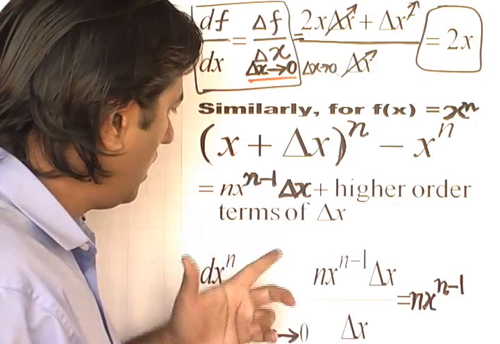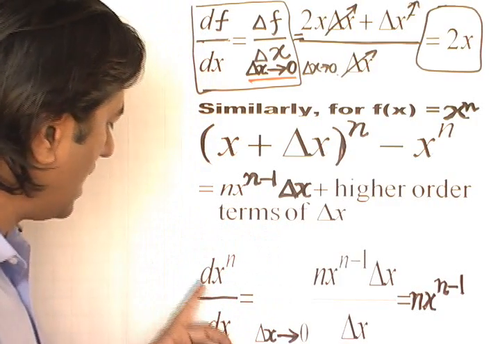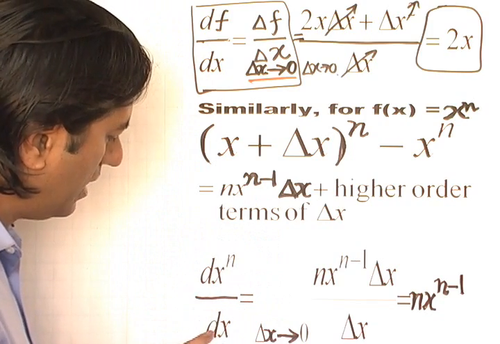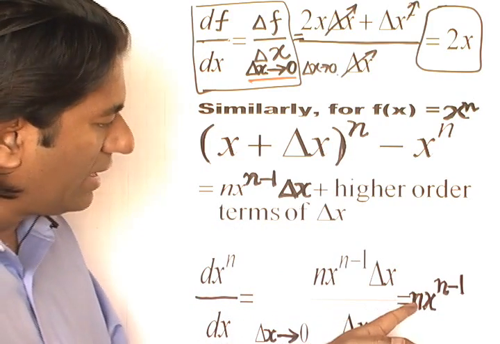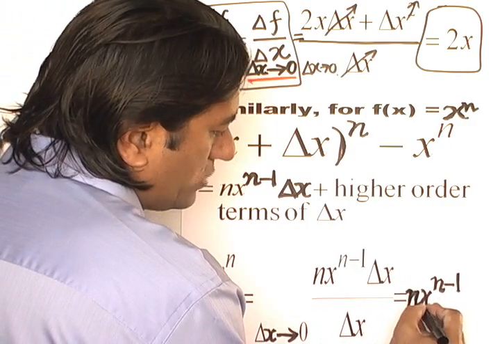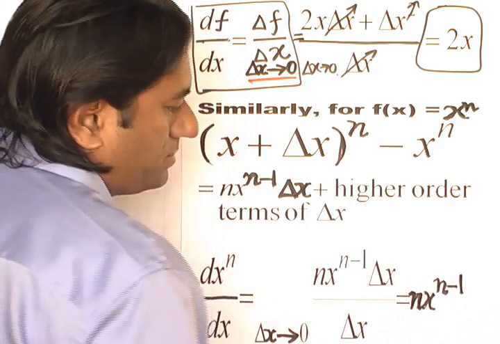So from first principles, the derivative of x to the power n, which is represented by d(x^n) by dx, equals n x to the power n minus 1.